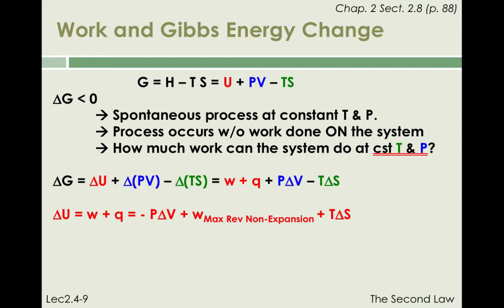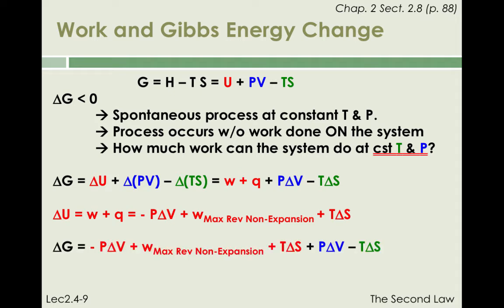Since U is a state function, we can choose any path we wish to calculate delta U. It is advantageous to use a reversible path to express delta U, as on such a path we can replace P external by P and equate Q with T times delta S, as per the second law of thermodynamics.